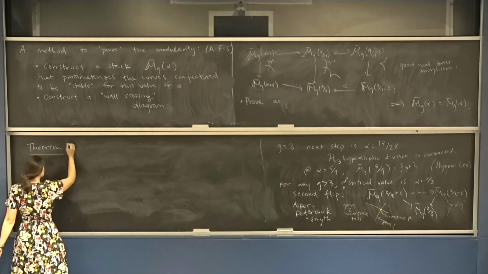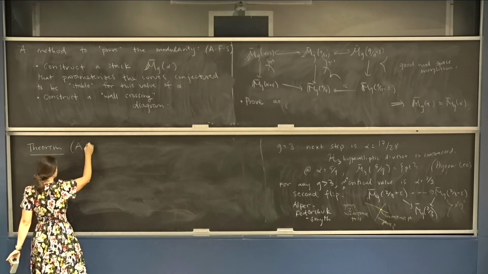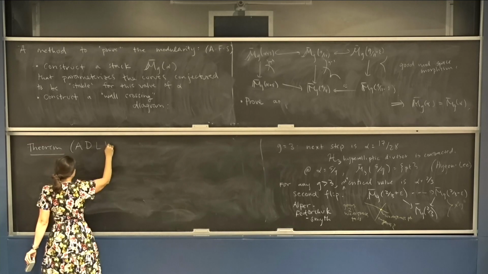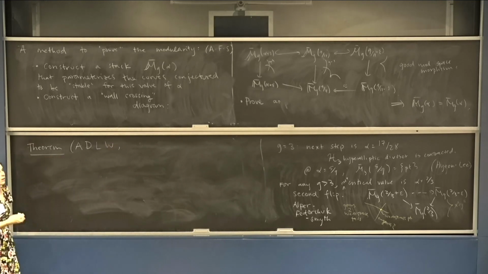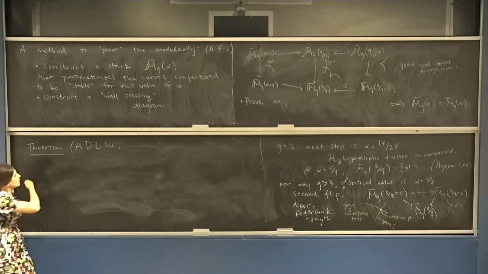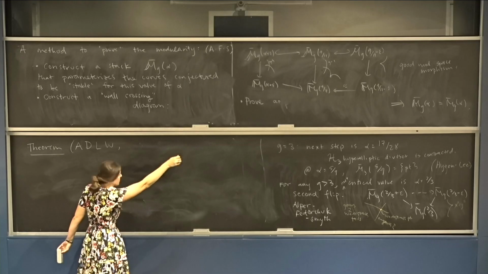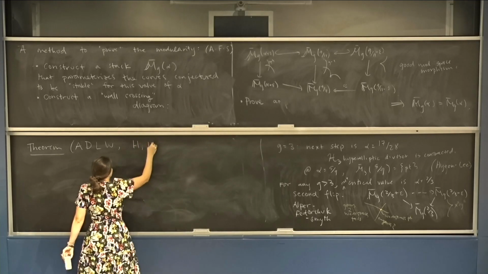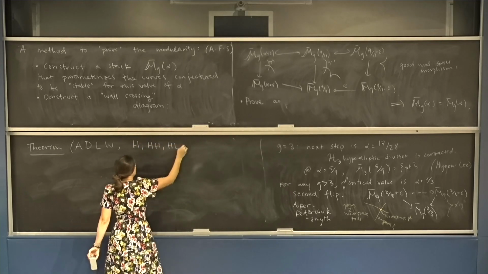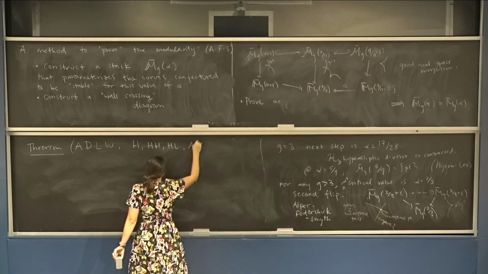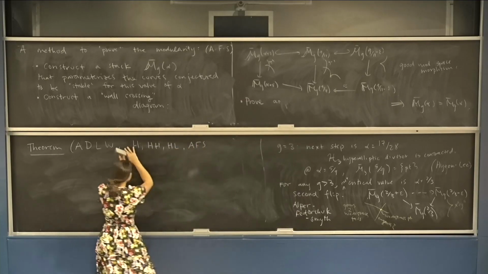This is what we prove: Kenny Ascher, myself, Yu-Chen Liu, and Xiaowei Wang. But this builds on all the work that we already said, so all of the steps of the Hassett-Keel program before: Hassett, Keel, Hyeon, Lee, and Alper, Fedorchuk, and Smyth. It builds on all of this work.